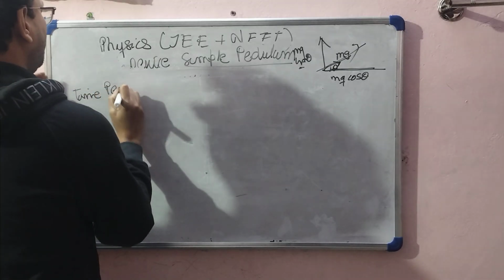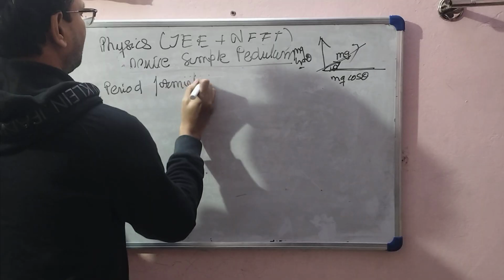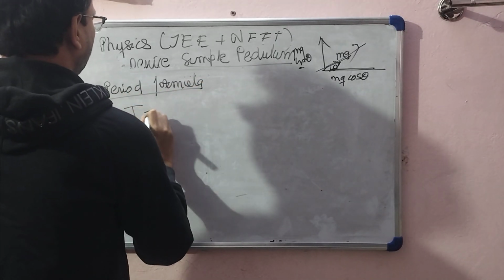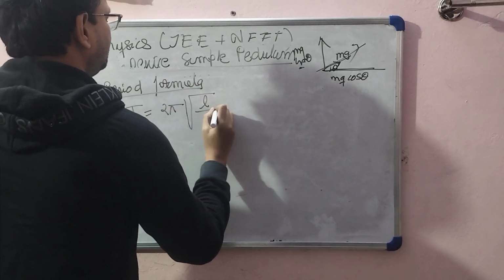Time period formula. This is T equal to 2 pi under root L upon g.